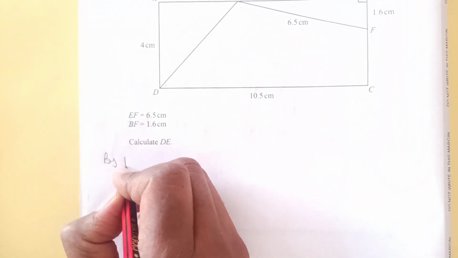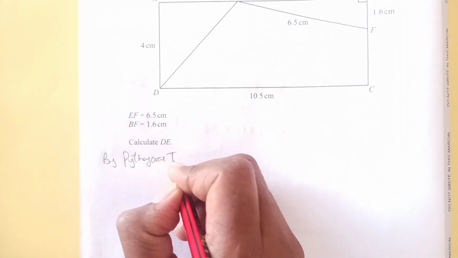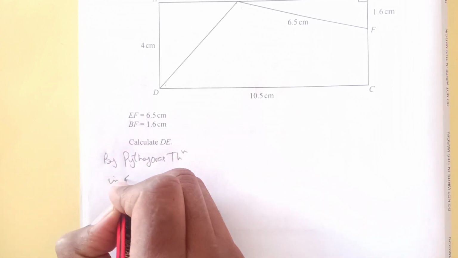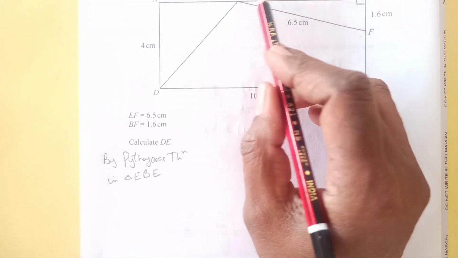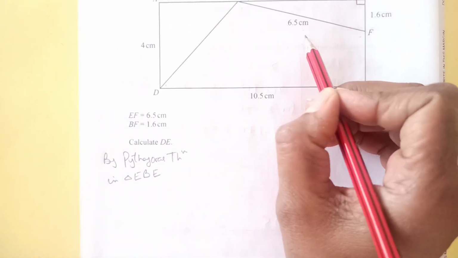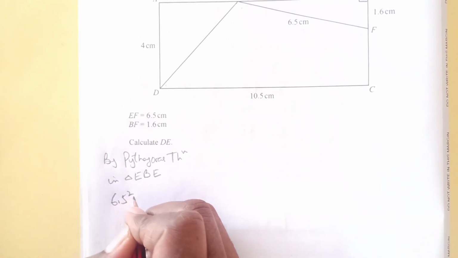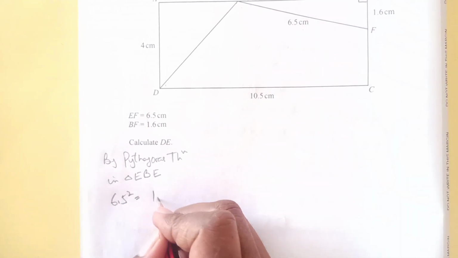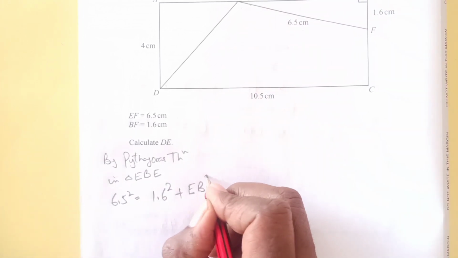By Pythagoras theorem, in triangle EBF, in this triangle, the hypotenuse squared is equal to the base 1.6 squared plus EB squared, right?